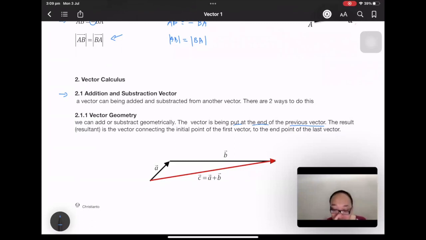So for example, if I have vector A and then I have vector B, I have to put B at the end of A to perform A plus B. So if you see, vector B is starting from the end of vector A, and then the resultant vector is connecting from the beginning until the end of the vectors. So the red one is the resultant.